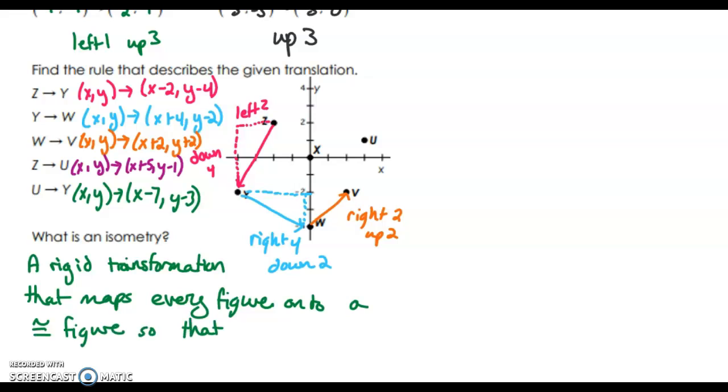So that the pre-image, the original, and the image, the new one, are congruent figures. So if it's a rigid transformation, it's an isometry. They go hand in hand. So an isometry or a rigid transformation means that the pre-image and the image are going to be congruent figures every time.